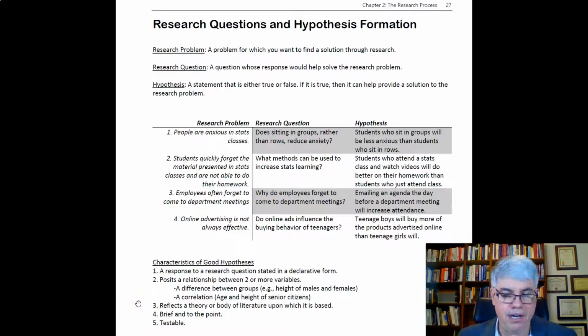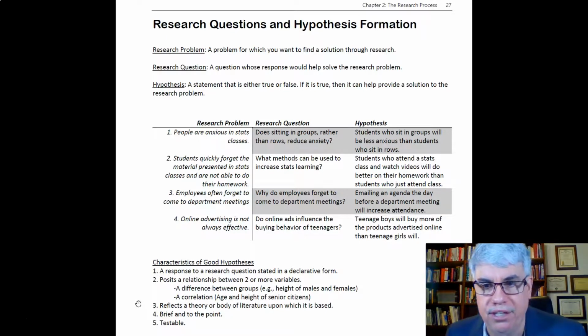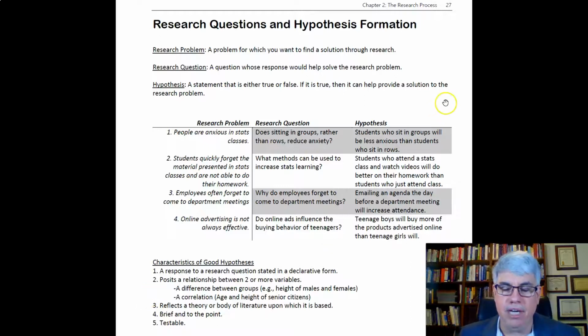A third characteristic is that it reflects a theory or a body of literature upon which it's based. You're not just guessing randomly. There's got to be good reasons for this. In this hypothesis, this comes from the idea of social support, the idea that humans strengthen one another and give each other support and encouragement.